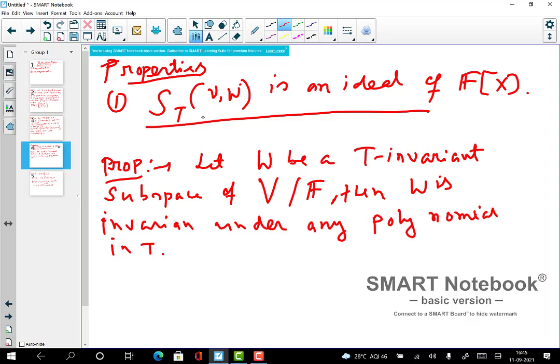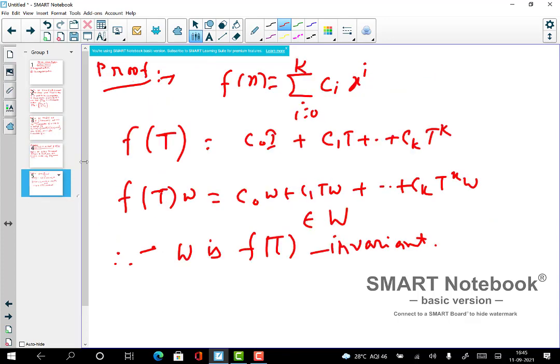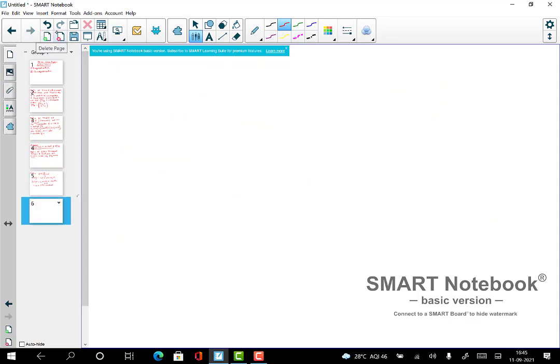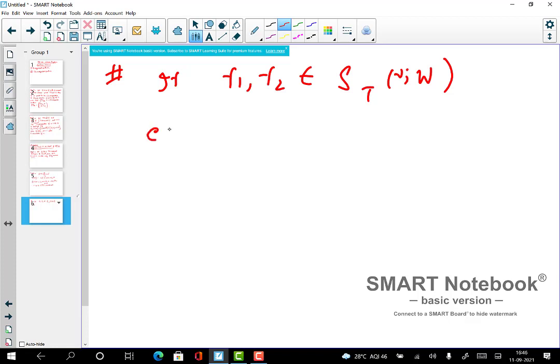To prove this, note that if f1 and f2 belong to the T-conductor S_T(v; W), then any combination, for any constant c, c f1 plus f2, is again an element of this.